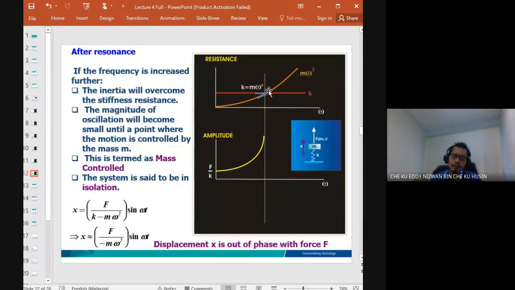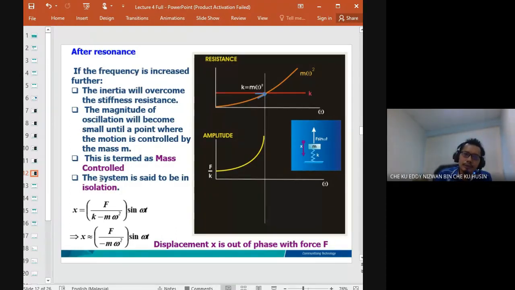And then if you keep increasing the speed, the dominant resistance comes from the inertia, when the inertia is too high as compared to the stiffness. This we can call mass control, where the motion is dominated by the mass.